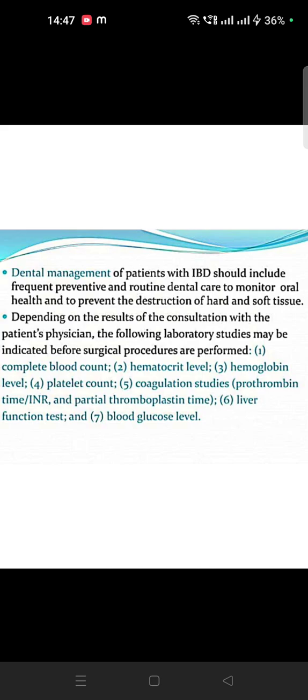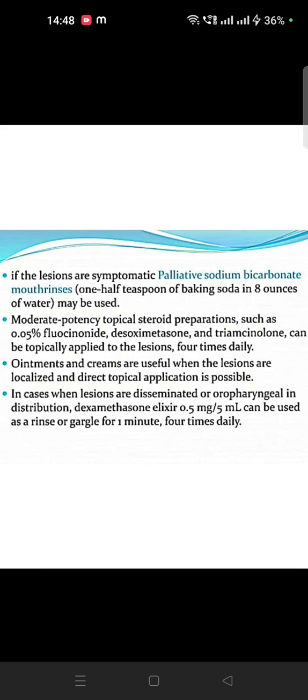Then what are the laboratory tests? CBC they will do: hematocrit level, hemoglobin level, platelet count, coagulation study, PT INR. Then liver function test and blood glucose they will check routinely.